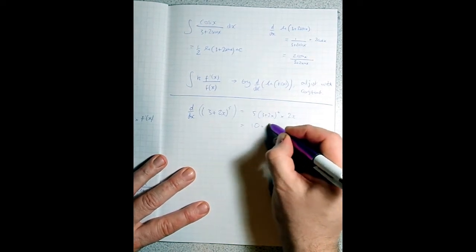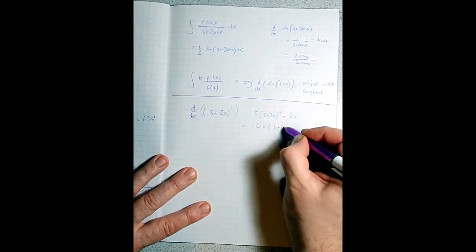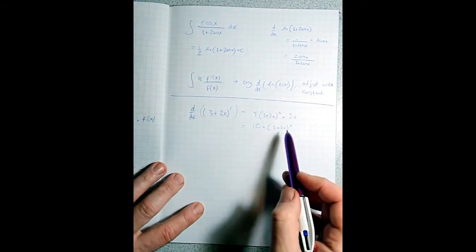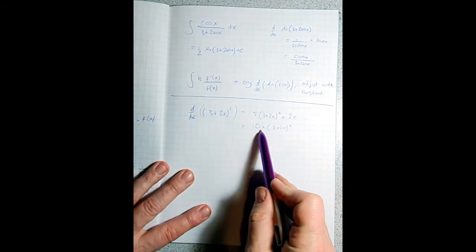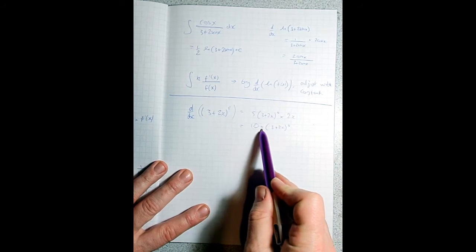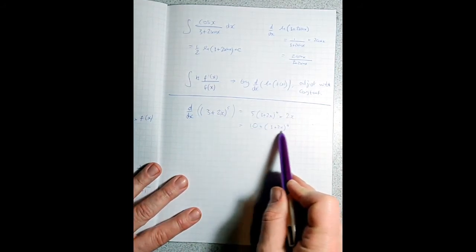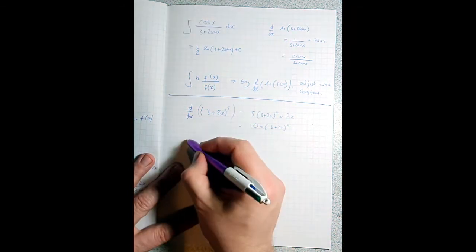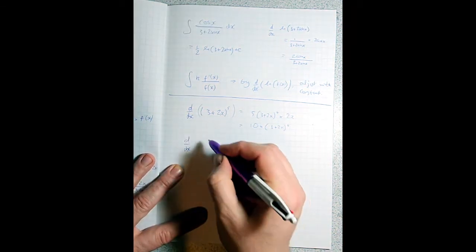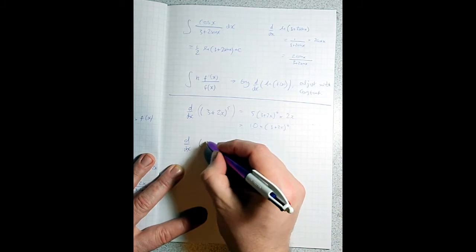So 10x times 3 plus 2x to the 4. Now what I'm noticing is this here, the 10x, give or take a constant, is the derivative of what's in the bracket. And of course that's going to work with anything that is a function of a function.